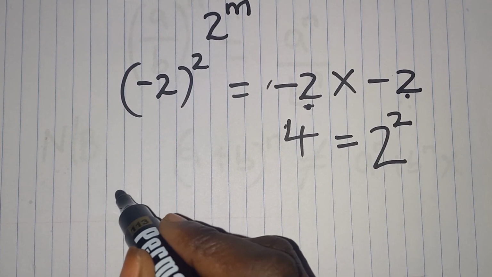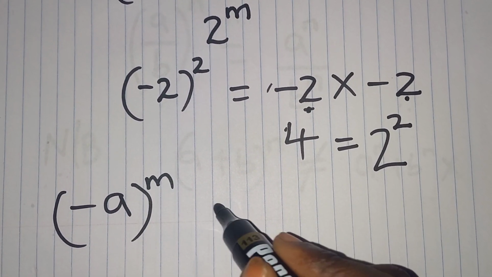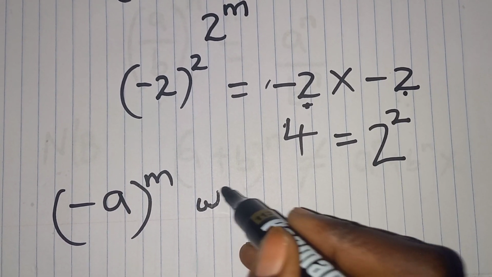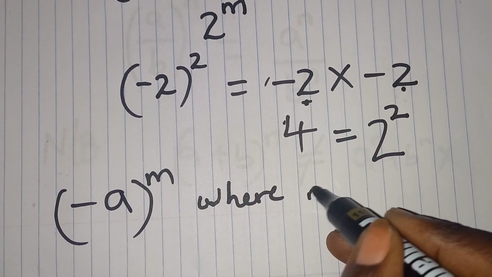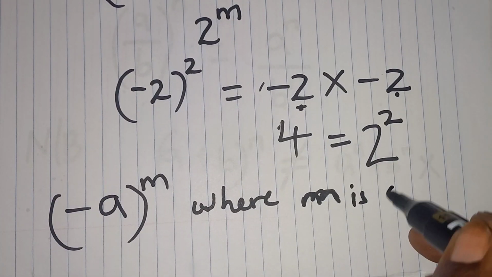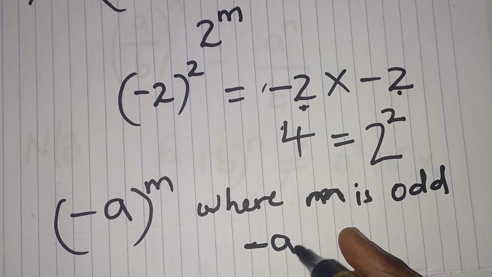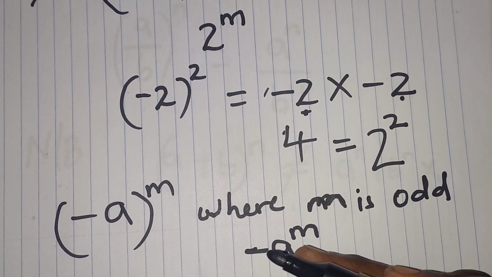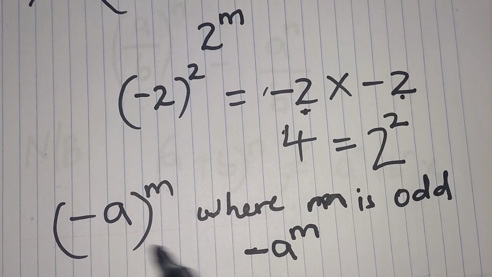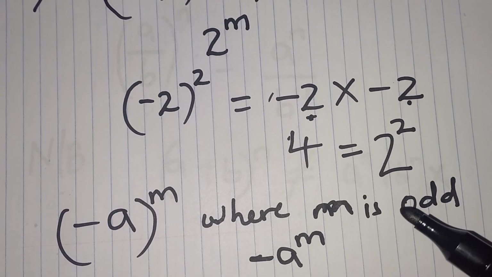If you have negative a raised to power m, where m is odd, it will just remain negative a raised to power m, because this negative here will not go if this m here is an odd number.